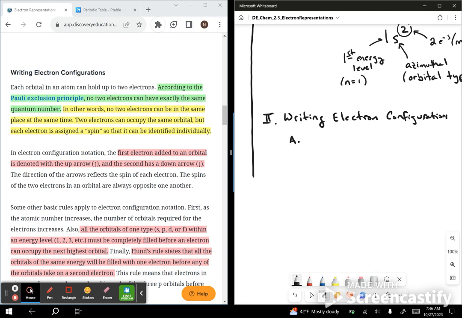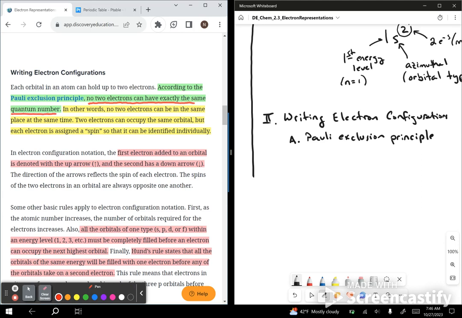They re-mention the Pauli exclusion principle. We wrote about this last chapter, but you can go ahead and rewrite it if you need to. It says that no 2 electrons can have exactly the same quantum number. You can't have 2 electrons in the same place at the same time.